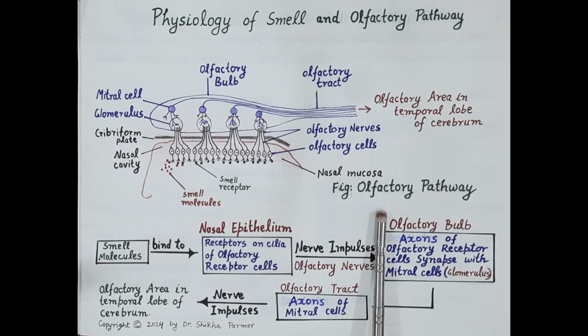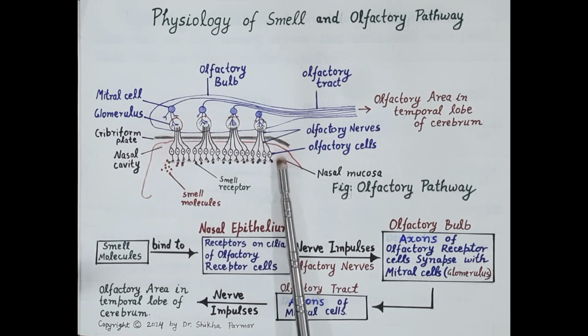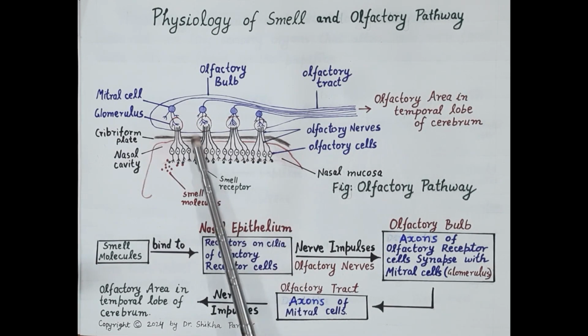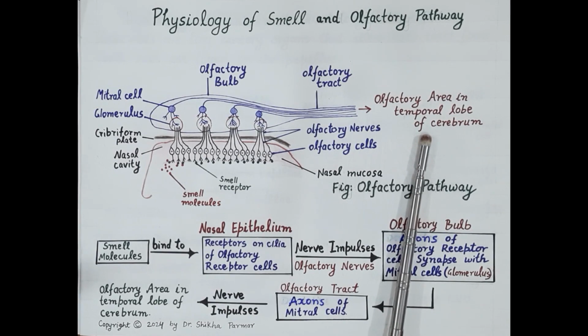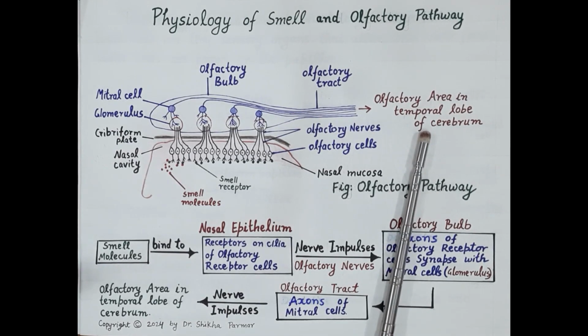So the olfactory pathway transports the odor or the smell information that is generated in the nasal epithelium of the nasal cavity to the olfactory area of the cerebrum, where smell is perceived and recognized. So let's understand this olfactory pathway and the mechanism by which we recognize the smell of a substance.